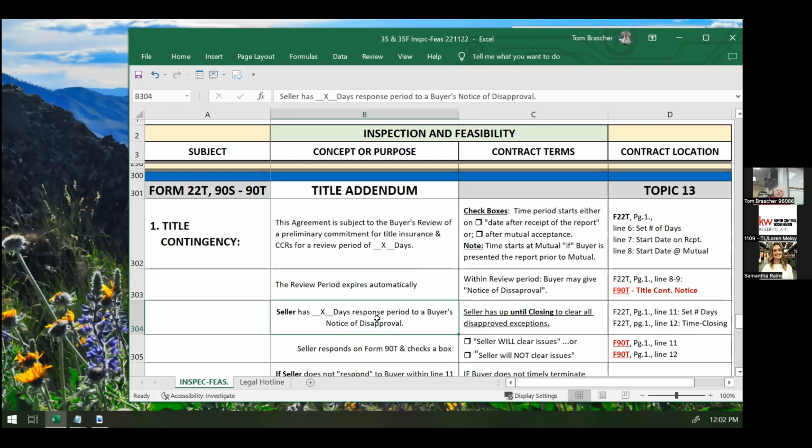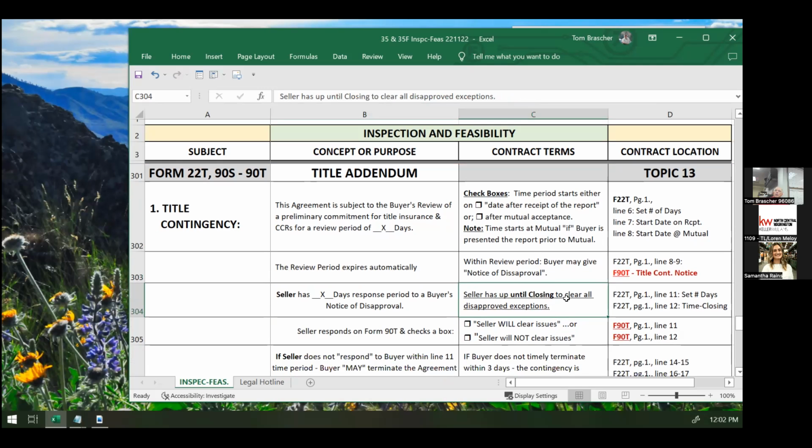Now, the seller then has so many days to respond. This is different. If they disapprove, they have to say what sections in the title report they have a problem with. The seller has a right to respond within a certain number of days. And in that response, the seller has up until closing to be able to fix it.